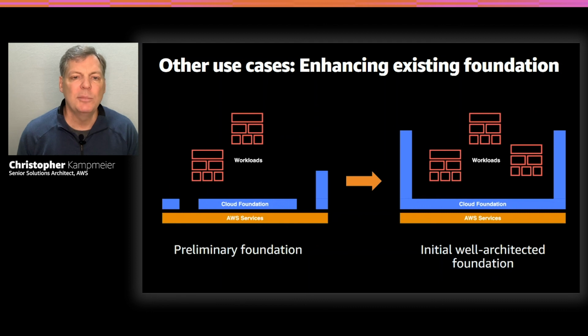The guided workshop shows you how to set up the latter capability. These customers may choose to make enhancements in place to their existing environment, or they may choose to set up a parallel new environment and migrate existing accounts to their new environment.